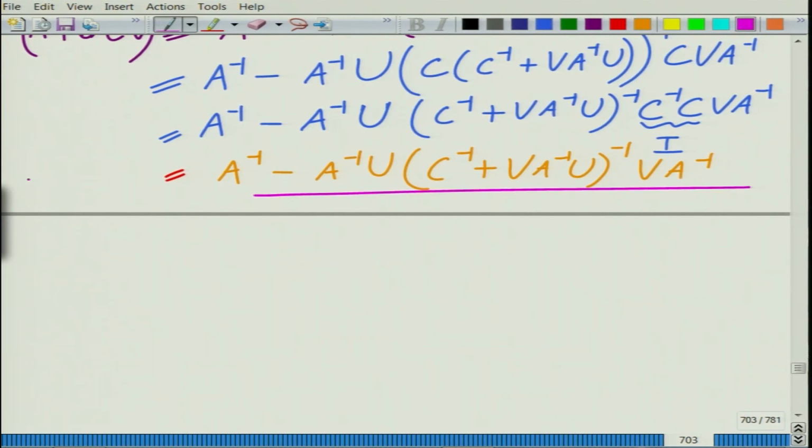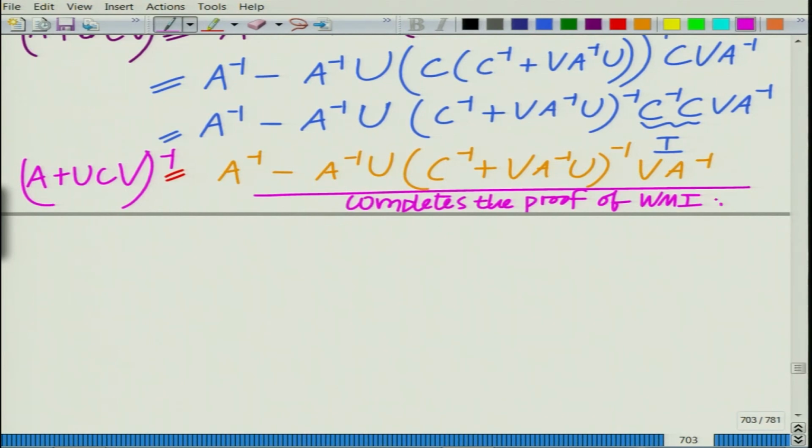So, this is equal to (A + UCV) inverse, and this completes the proof of the Woodbury matrix identity. Alright.